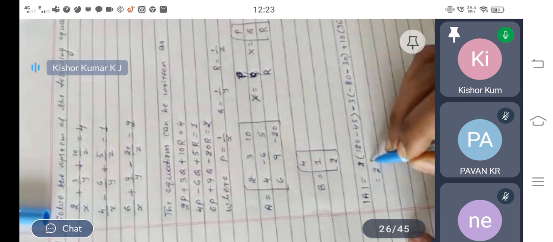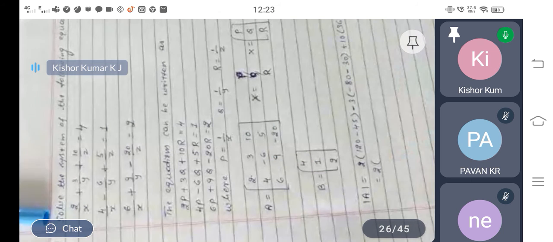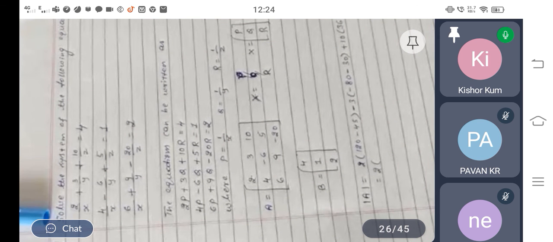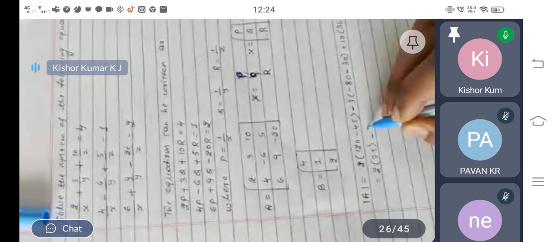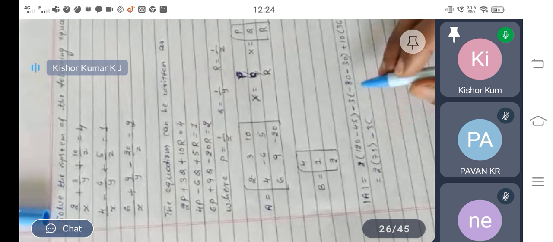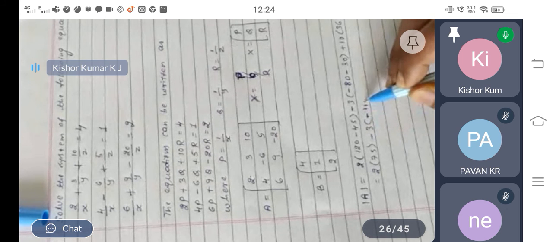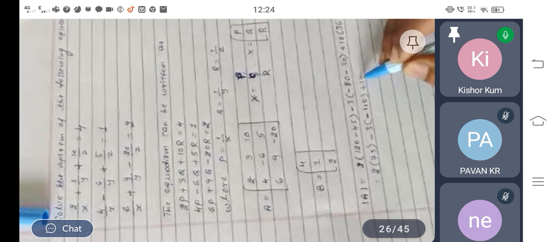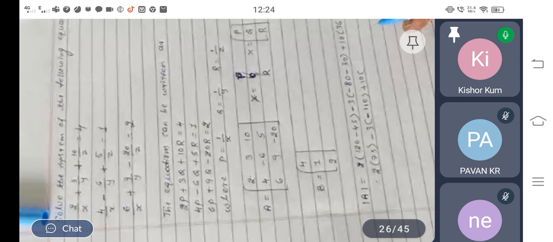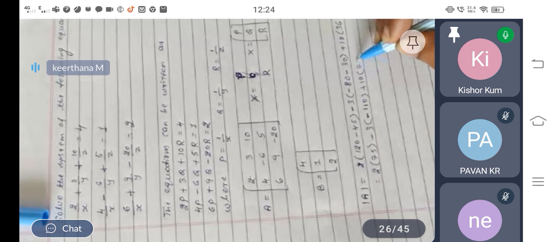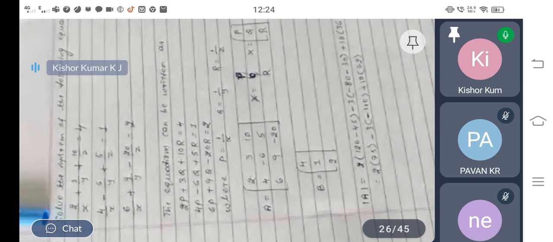Now it will be 2 into, the calculation of this, 120 minus 45, how much? 75. Minus 3 into, minus 80 minus 30, minus 110. 36 plus 36, 72.